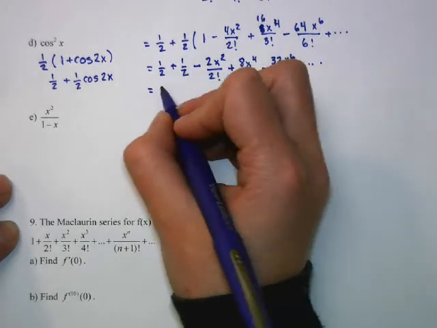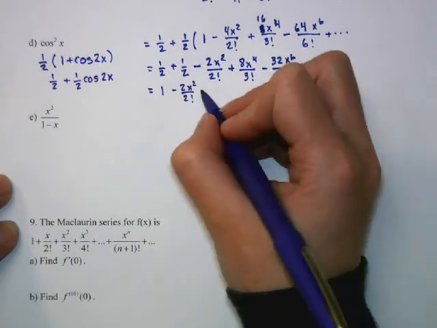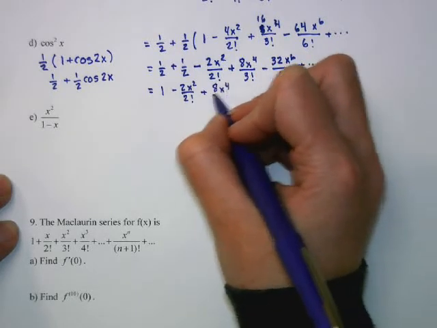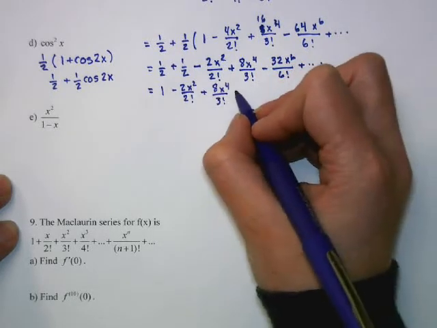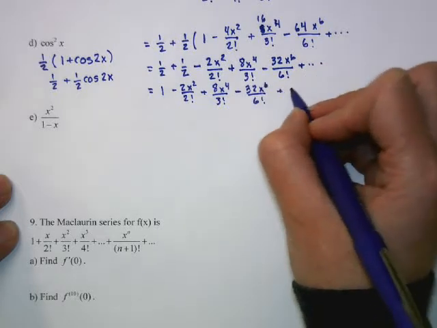So we have 1/2 plus 1/2, so 1 minus 2x squared over 2 factorial plus 8x to the 4th over 3 factorial minus 32 x to the 6th over 6 factorial.